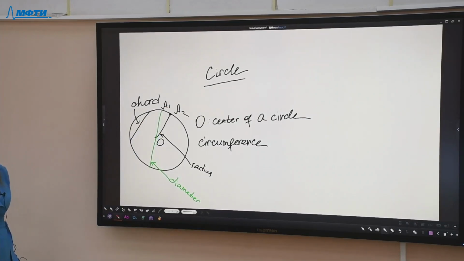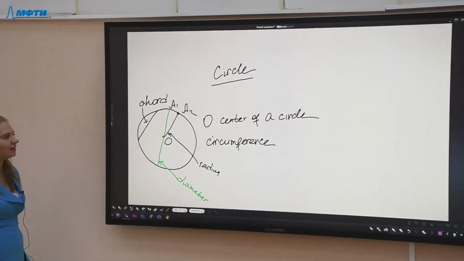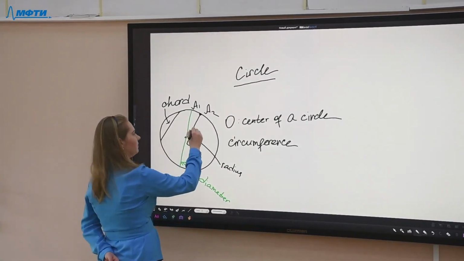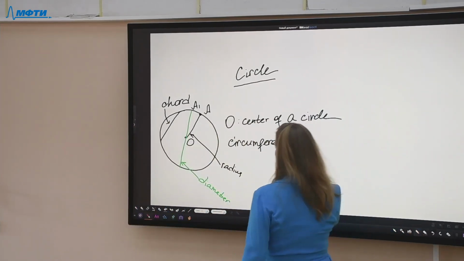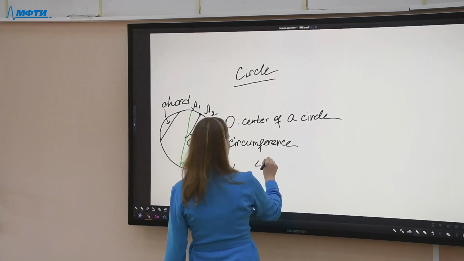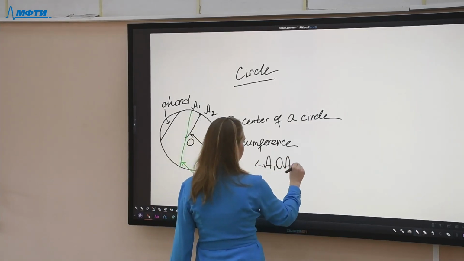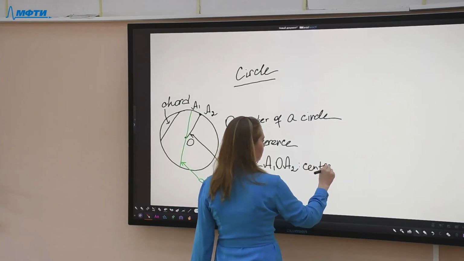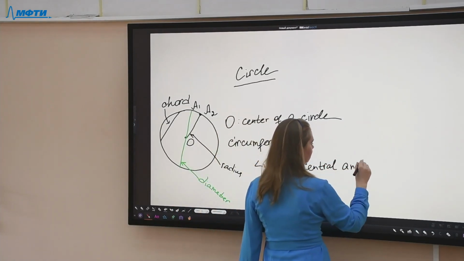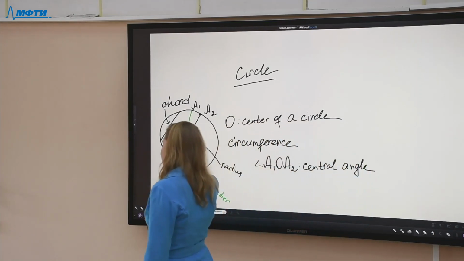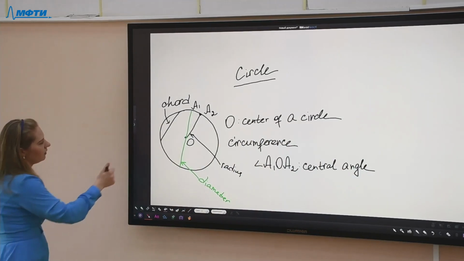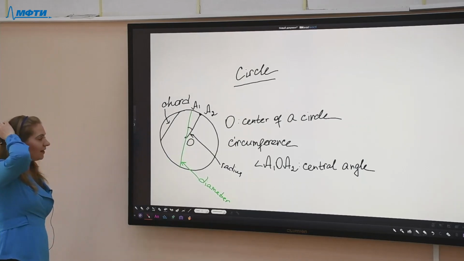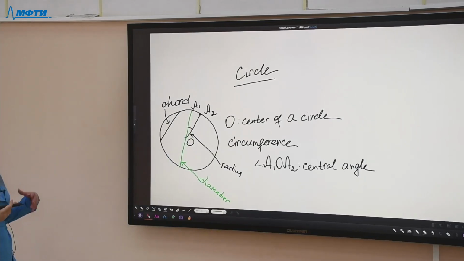OA1 is a radius and OA2 is also a radius. And this angle A1OA2 is called a central angle. So we can say that a central angle is an angle whose vertex is the center of a circle.